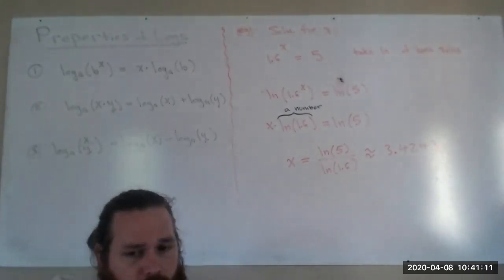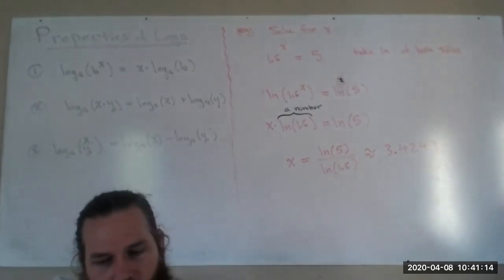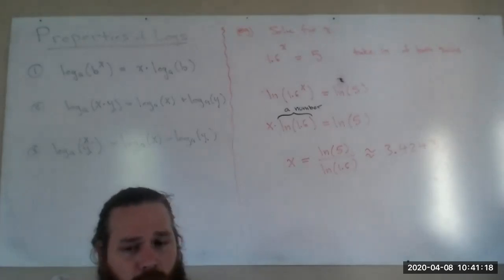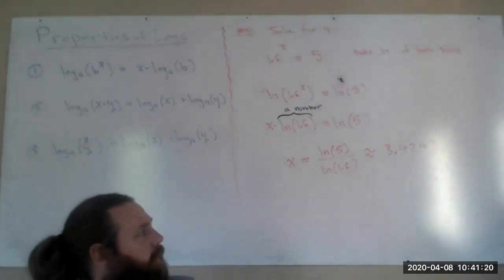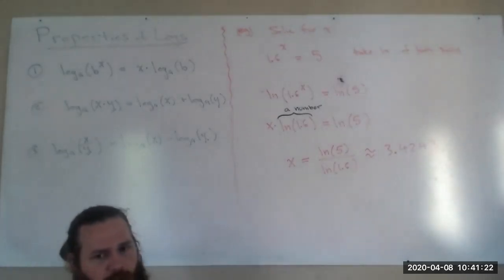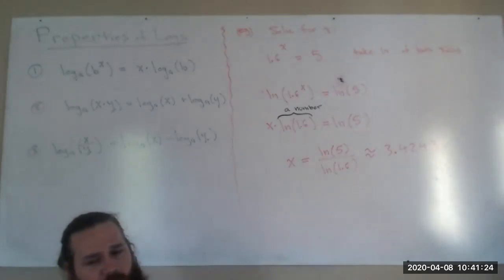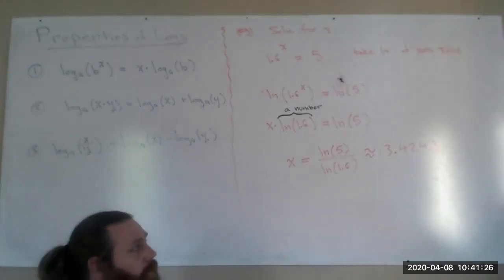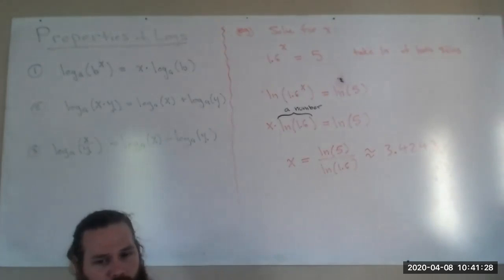And then you'll solve the resulting linear equation for x, or whatever your variable is, and get these two different forms of an answer. You'll have the exact form, which will have logs in it, and then you can put that into your calculator carefully to get a decimal representation of that answer.